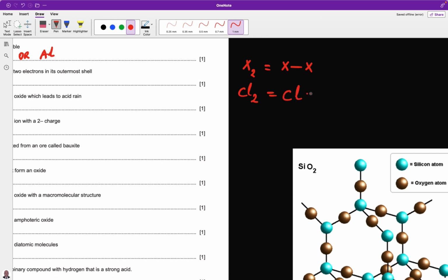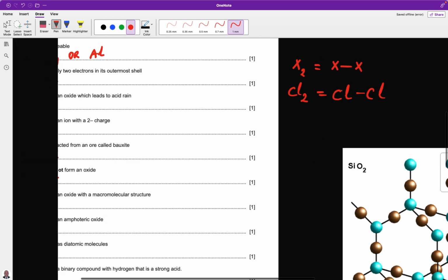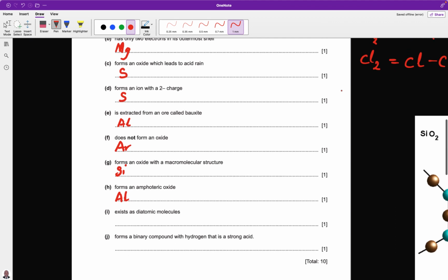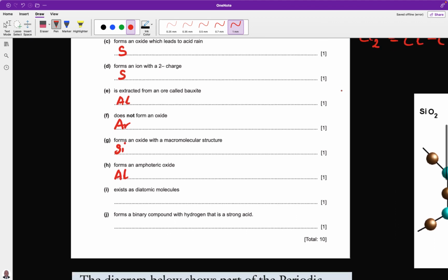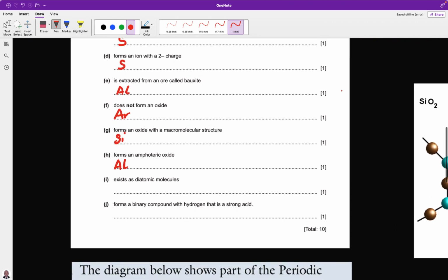They will share electrons. So an example of an element that exists as diatomic molecules is chlorine, Cl.